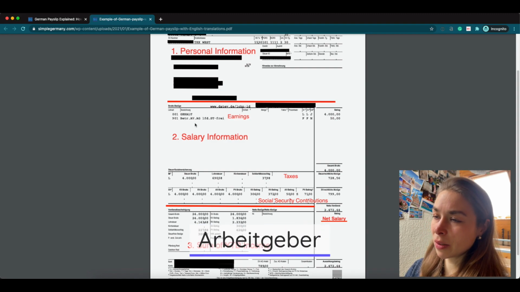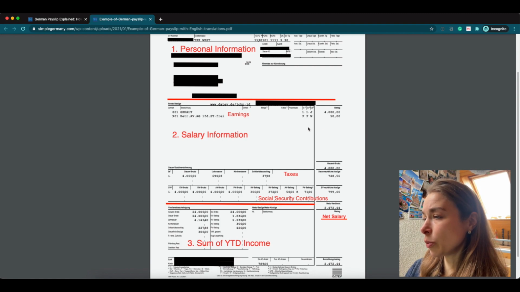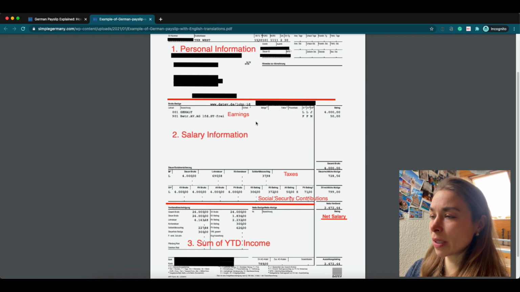That means that on this payslip, this person receives 50 euro support from the employer for a private pension fund, private in terms of it's run through the company. You might also find a company car listed here, or single payments like bonuses. So whatever you have as an extra payment, or a payment that gets taxed differently than your regular salary, that will be listed here individually.